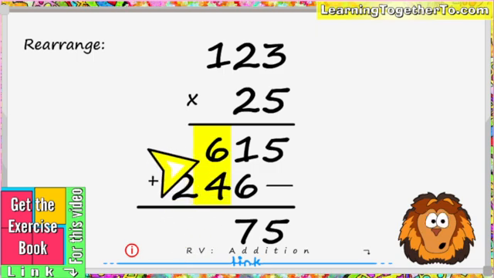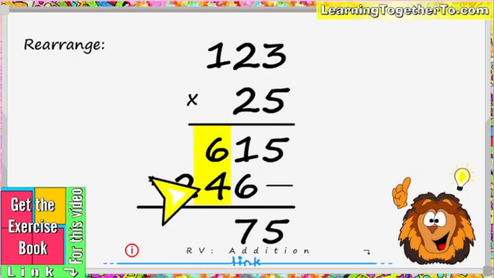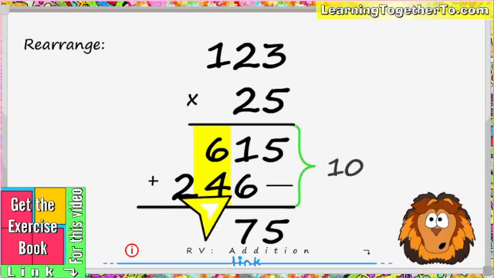6 plus 4 is equal to 10. Nice job, Eric. Look, Eric, a 2-digit result. We write the 0 below the line under the numbers we just added and carry the 1 over to the next column.